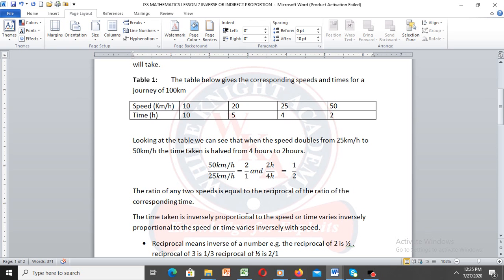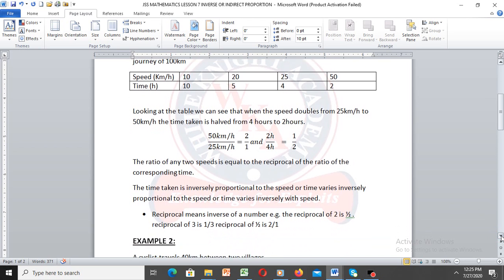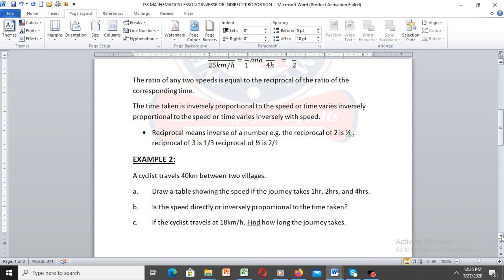So we say that the time taken is inversely proportional to the speed, or that the time varies inversely with the speed.